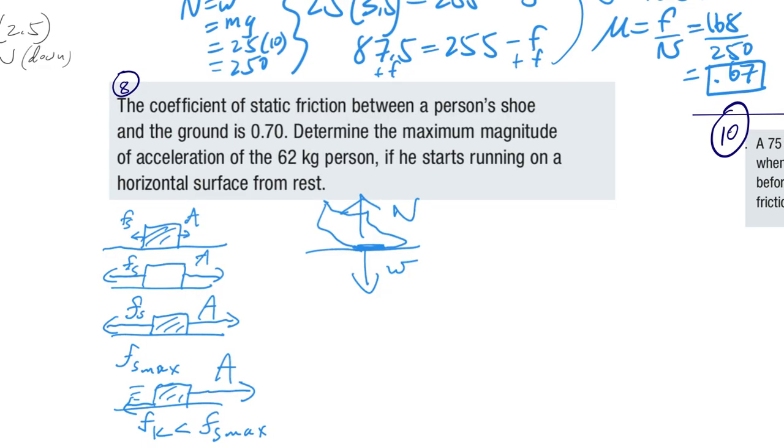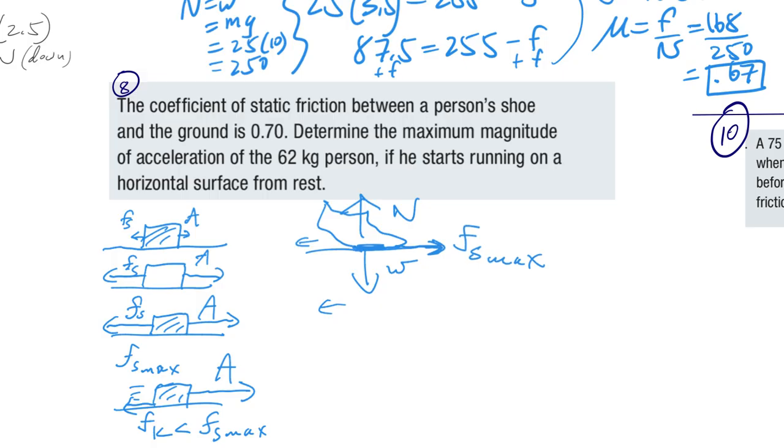So let's see, the shoe wants to slide that way, right? So the friction would be this way. It's not sliding, but the friction opposing it is pointing to the right.